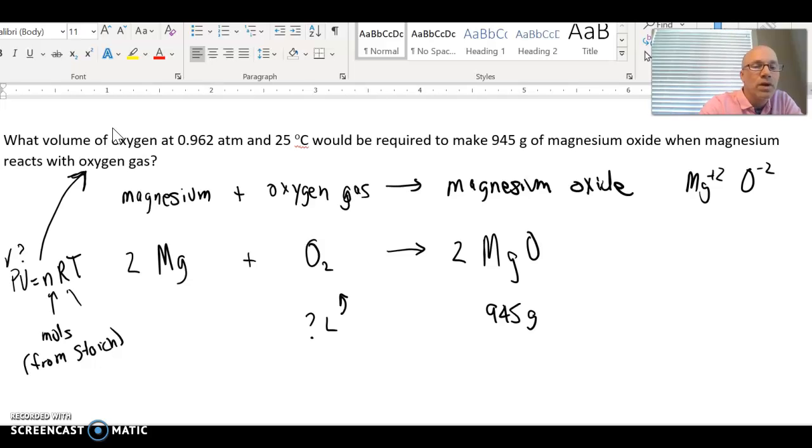We have R. Since we know that this is done in atmospheres, we know the units that will go into that. We also know the temperature, and remember in this we're going to want to convert that to Kelvin.